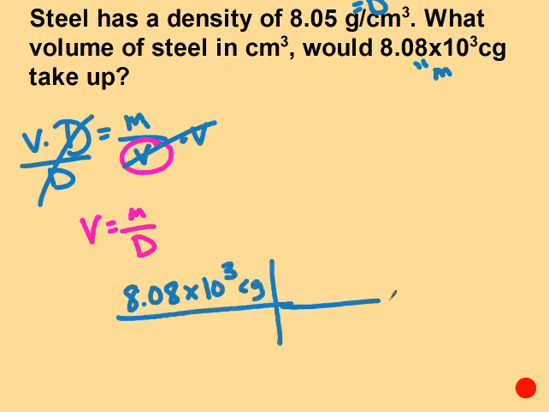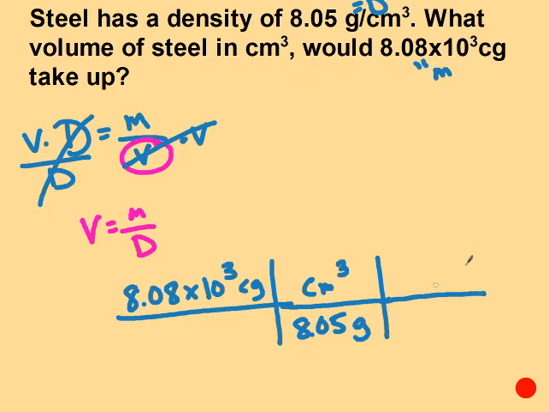My density goes on bottom. My density always gets its own set of boxes. But notice on this one, my units don't cancel out because I've got centigrams and grams. So I'm going to have to do one more set of converting.